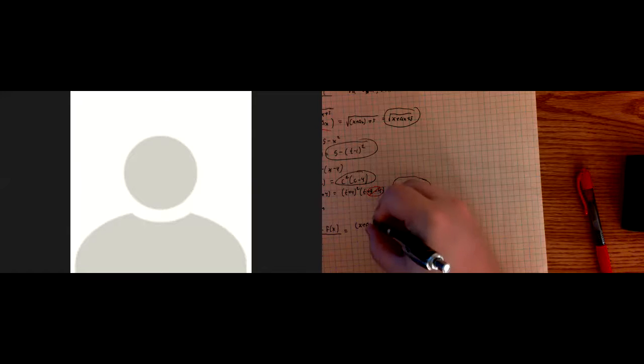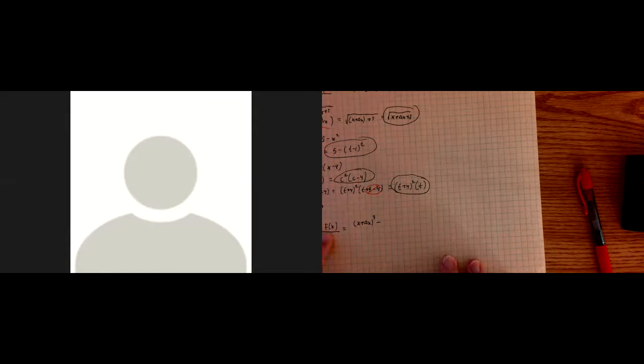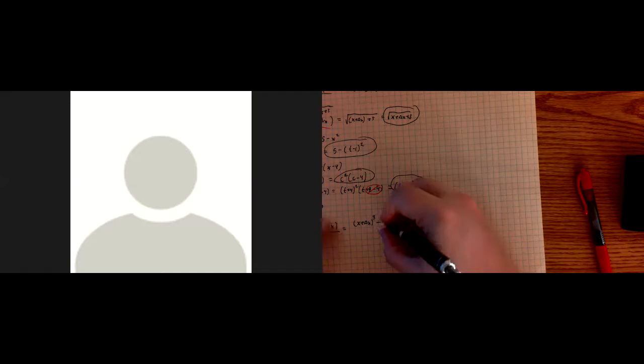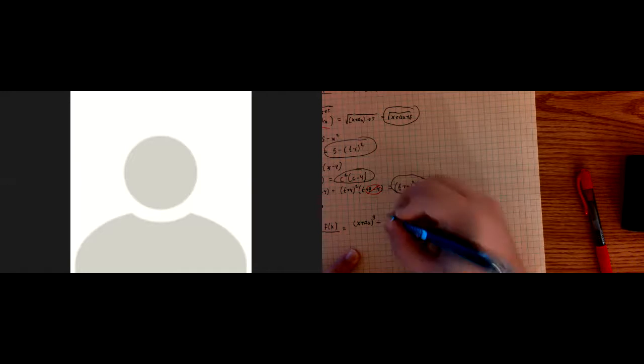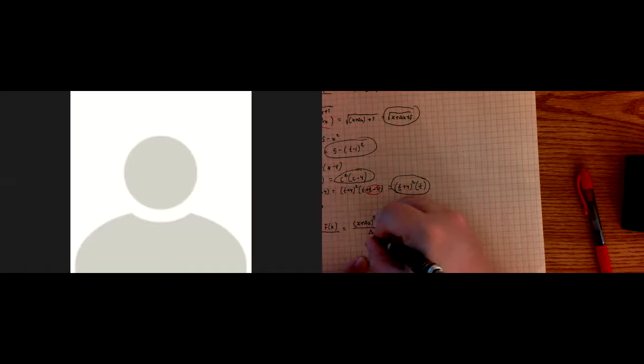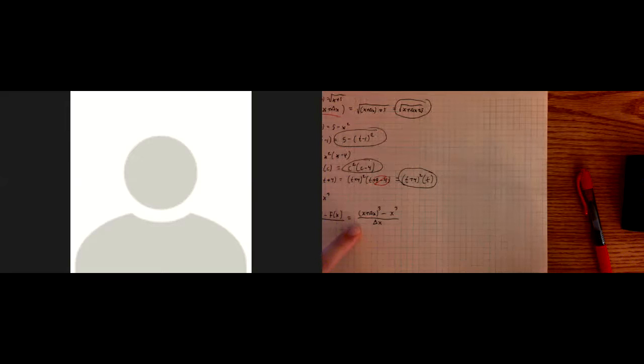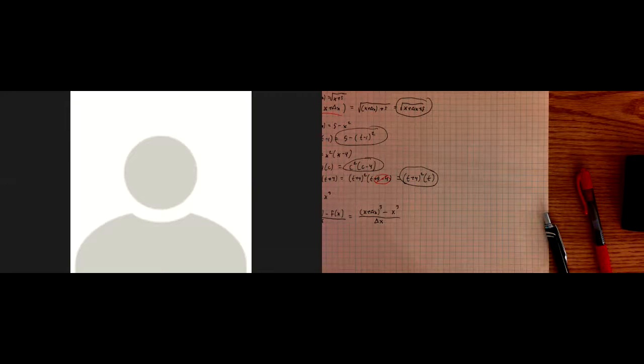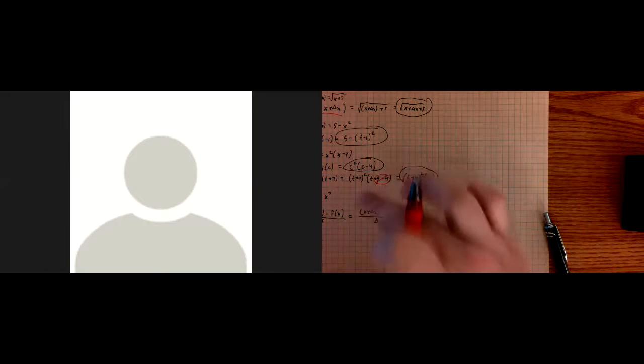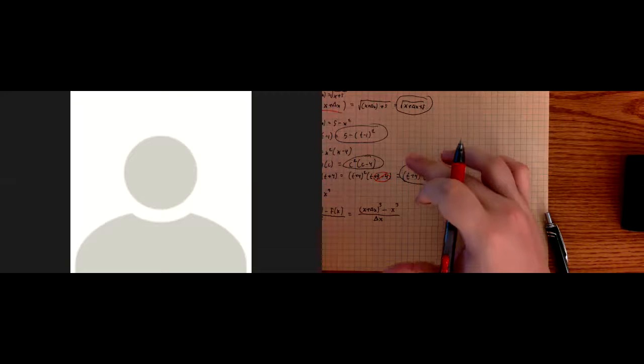So if the original function was x cubed, I replace it with x plus delta x cubed, minus the original function, f of x, which we know as x cubed, and then delta x is just delta x. This is actually the function.